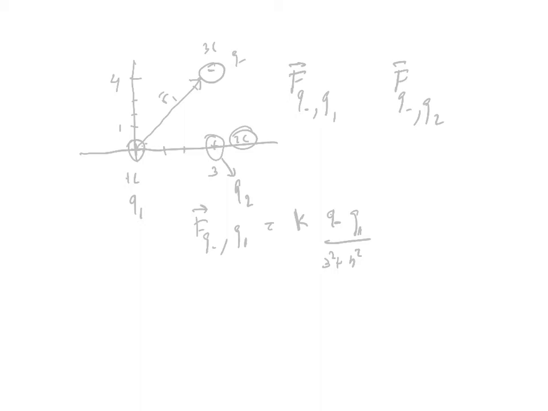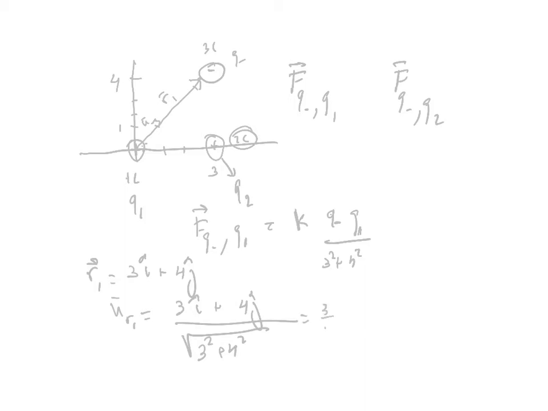And the vector u sub r, a unitary vector of the direction of r. Because the vector r1 is 3i plus 4j, the vector u sub r1 will be 3i plus 4j divided by the square root of 3 squared plus 4 squared. This is 25, this is 5. This is 3/5 i plus 4/5 j. This is the vector u sub r.